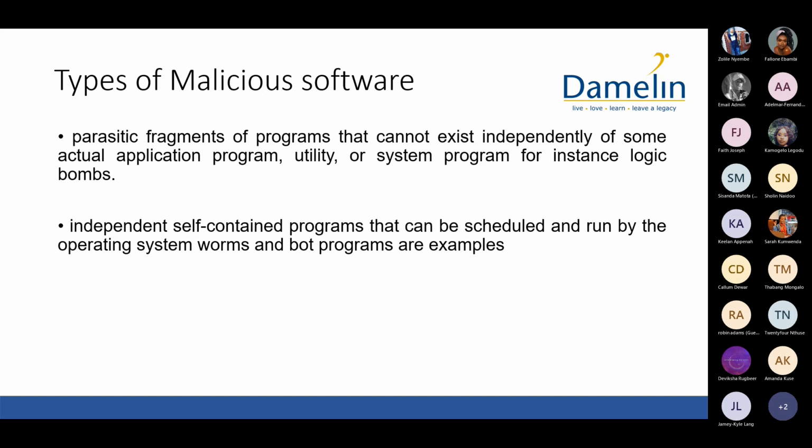So parasitic means it needs a file which it can attach itself to, and that's how it spreads. But independent self-contained programs can be scheduled to run and infect operating systems and computers or networks without a file. So this can spread by itself, and worms are an example of such.